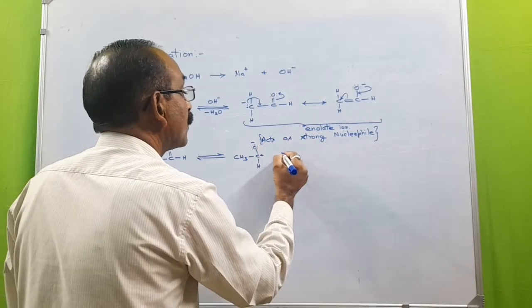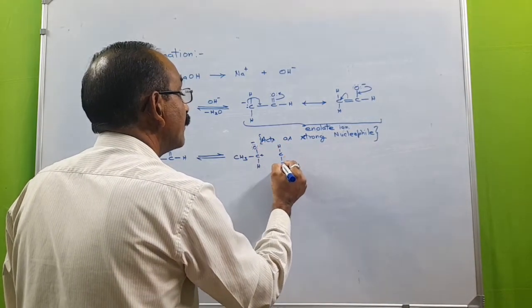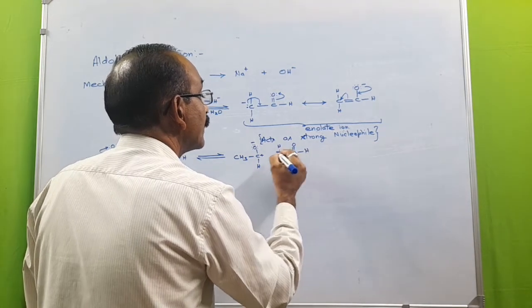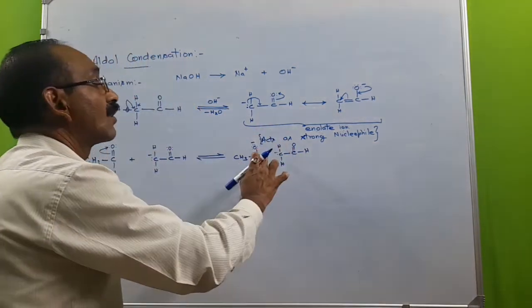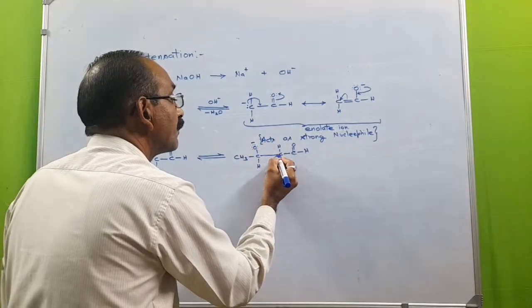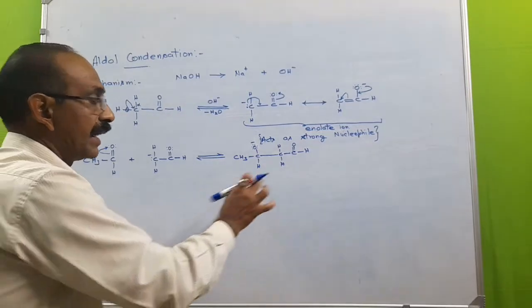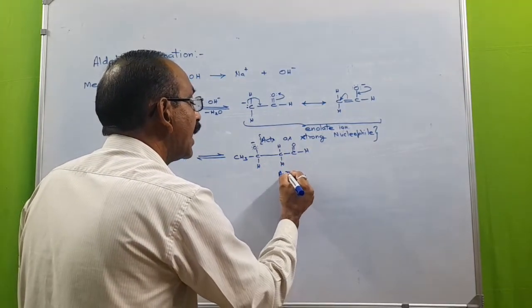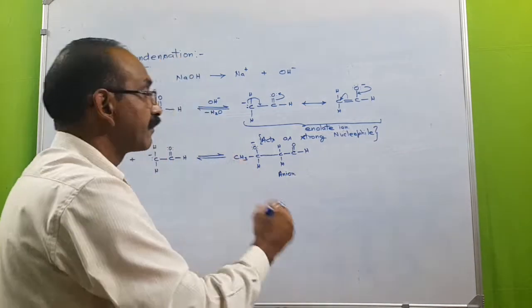Here, now this electropositive carbon will form a bond with the negatively charged oxygen of the enolate ion. See here. And in this way, an anion is obtained.